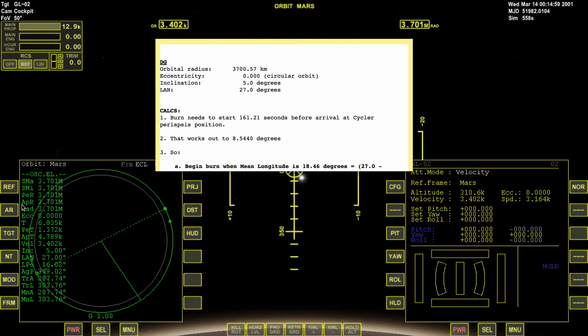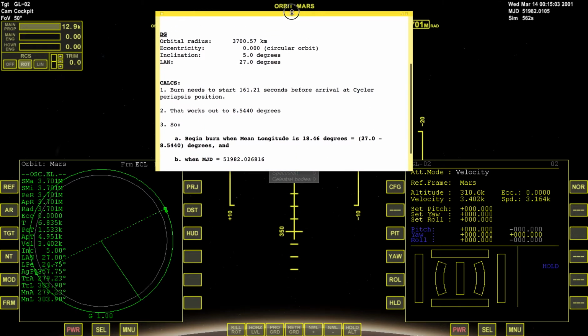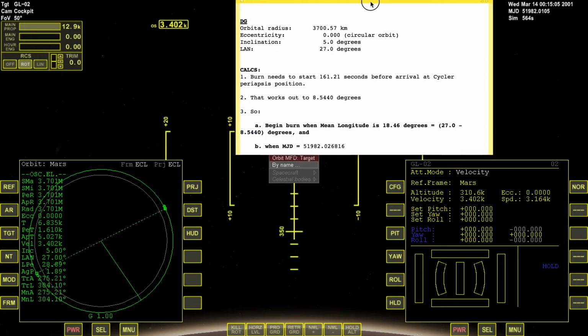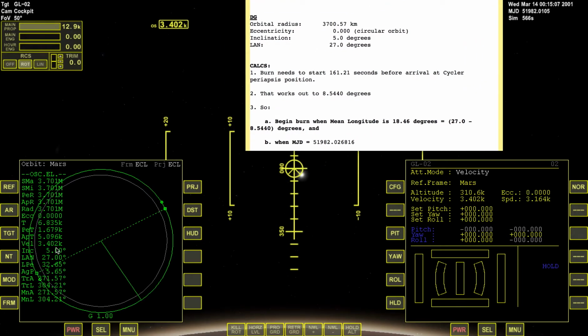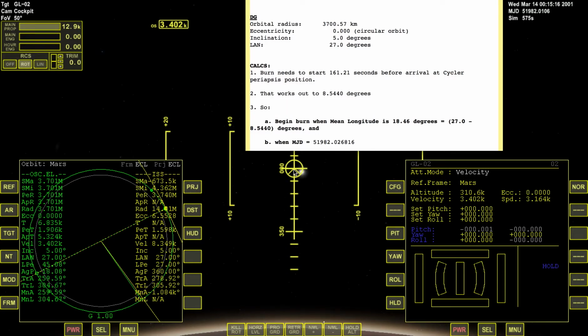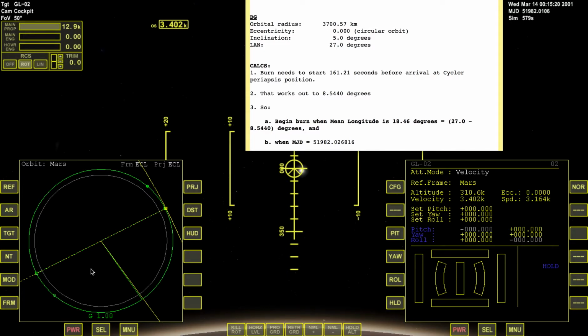Let's set up a target in Orbit MFD on the left hand side. Let me just move that out of the way. So let's go target again. Spacecraft, it's the Hermes, but it's called here the ISS. We'll put that in, and let's go mod, turn off all the numbers, and we can see what's happening.